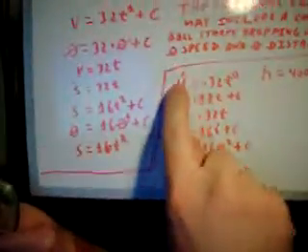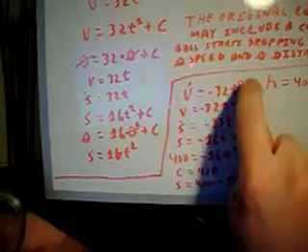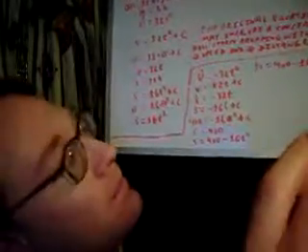So we start off with velocity equaling negative 32t to the 0 to account for the fact that we're measuring the height of the ball from the ground at any one particular moment in time.